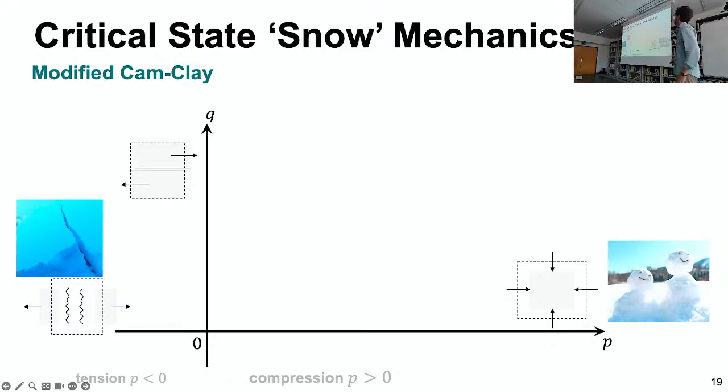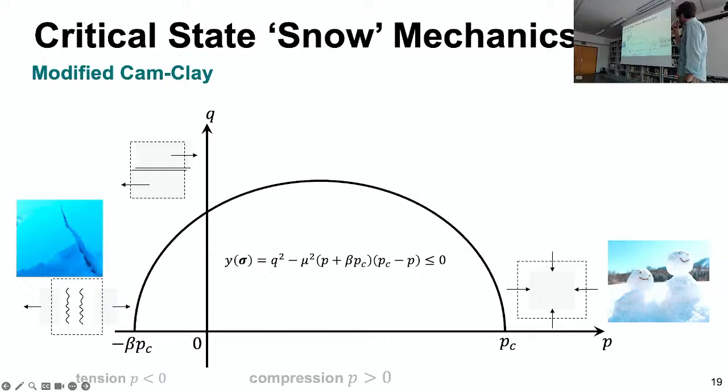It's going to yield. So instead of having those kind of models, we use what we call the modified Cam-Clay yield surface. So here we have yielding both in isotropic compression with a certain pre-consolidation stress. I call it PC. We also allow for cohesion with a certain parameter beta.